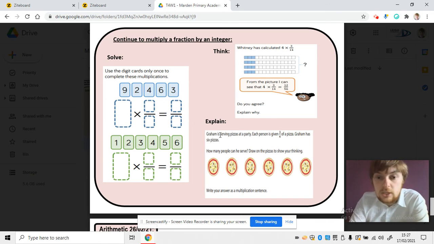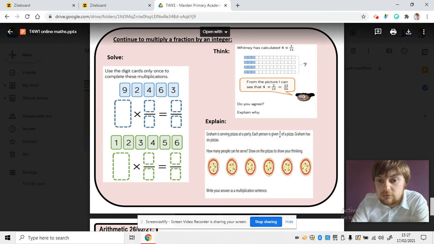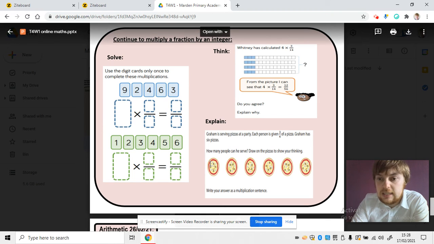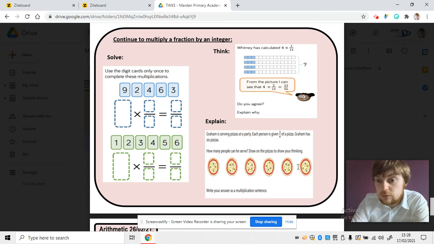On your explain, Graham is serving pizzas at a party. Each person is given 3/4 of a pizza, and Graham has 6 pizzas. How many people can he serve? You may decide that drawing on this will help.